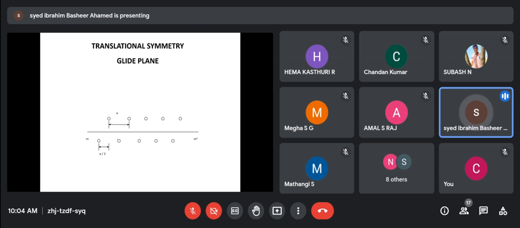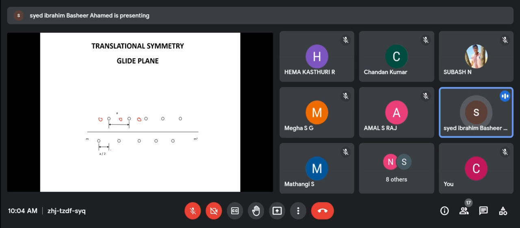All right. So here you can see an example. You have a lattice point like this, and another lattice point like this, but they are not symmetrically related, right? Because if I put a mirror here, I have to get a molecule somewhere here. For this, I have to get a lattice point here. So with the mirror plane alone, nothing works.